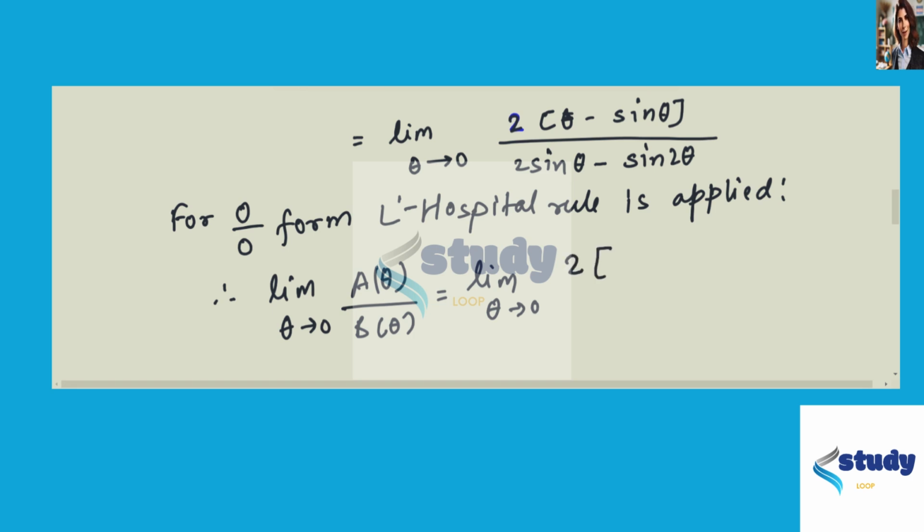So this will give us 2 into 1 minus cos theta, divided by 2 cos theta minus 2 cos 2 theta.